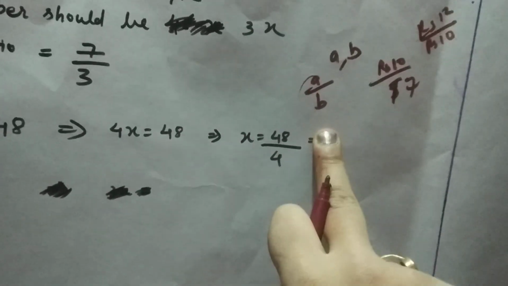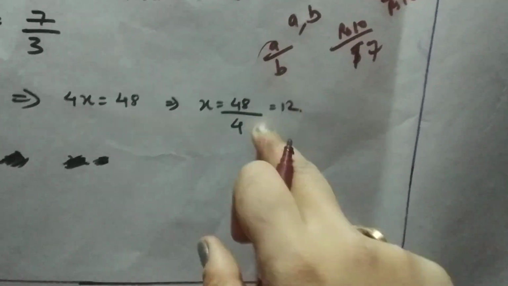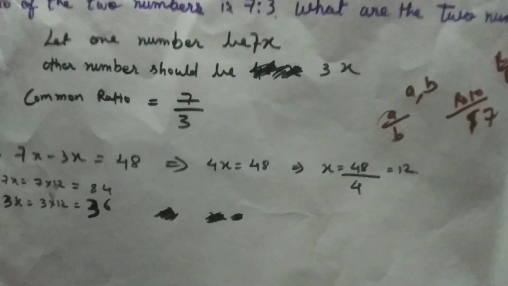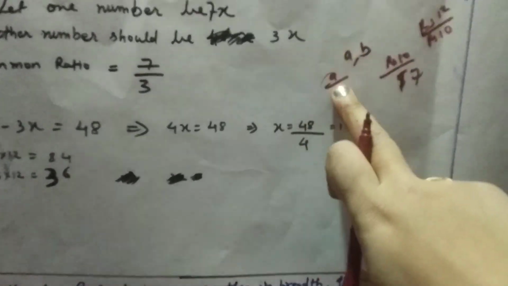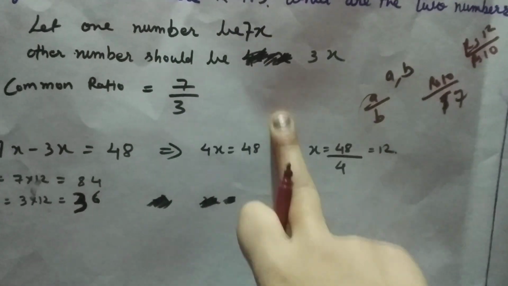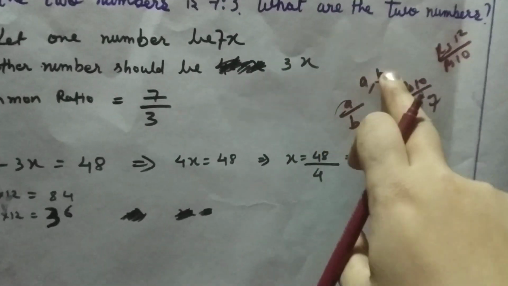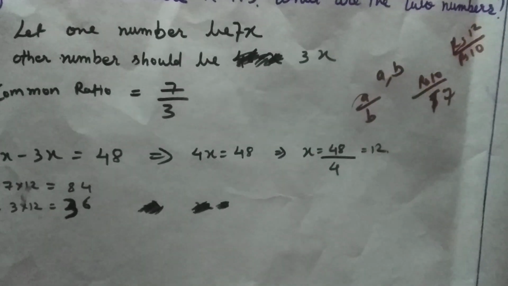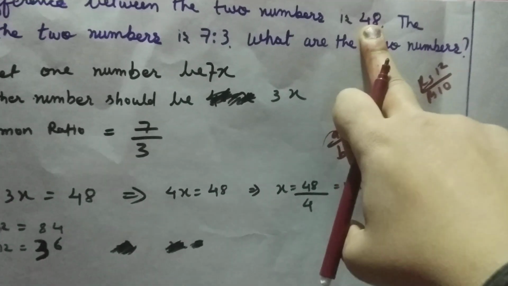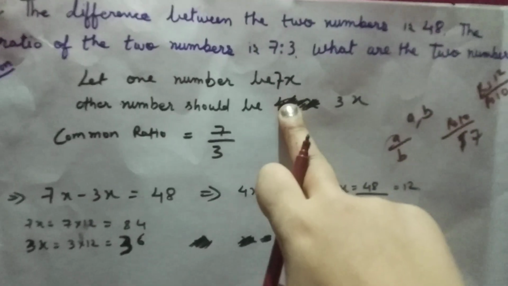Similarly, A and B are two numbers which can be written in the ratio 7/3, and we have to find the values of A and B. The condition given is that the difference between the two numbers is 48. So let's start the process.